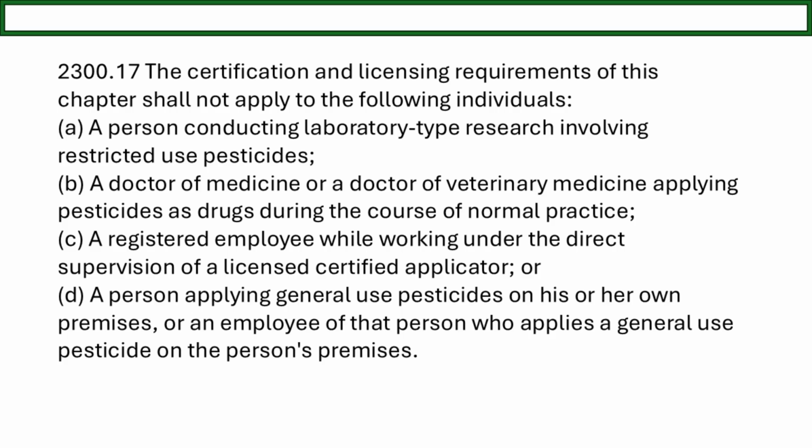C. A registered employee while working under the direct supervision of a licensed certified applicator. Or D. A person applying general-use pesticides on his or her own premises, or an employee of that person who applies a general-use pesticide on the person's premises.